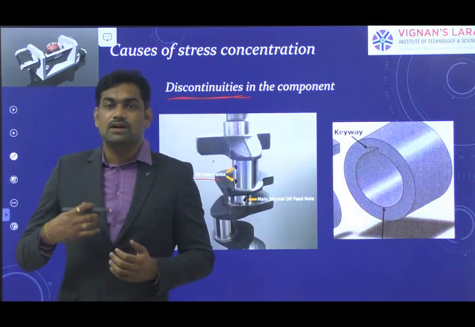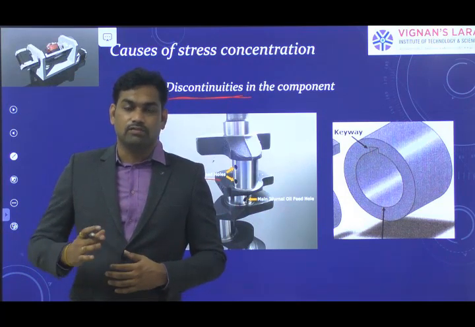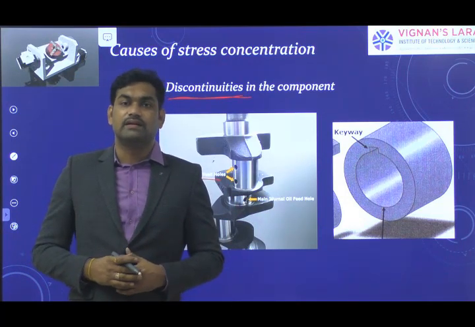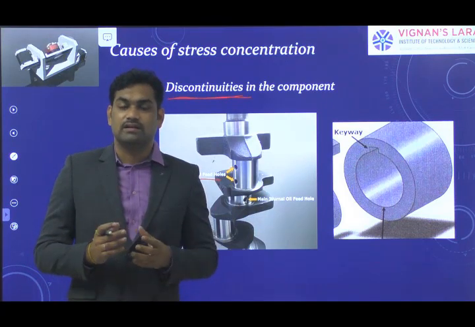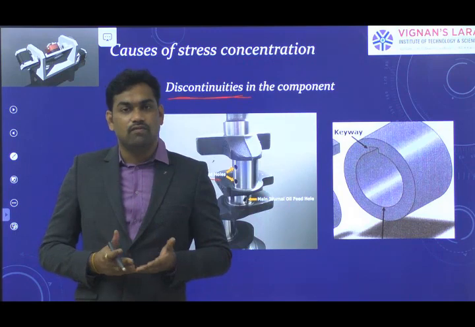So those are the methods to reduce stress concentration. We can reduce it but we cannot completely eliminate stress concentration in machine components. Rather, we can reduce it by following some of the following methods.